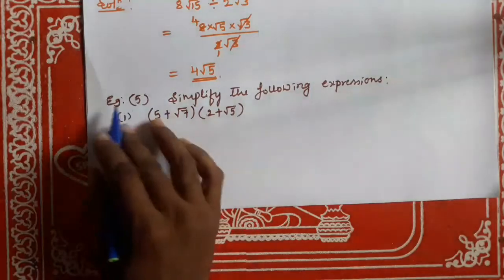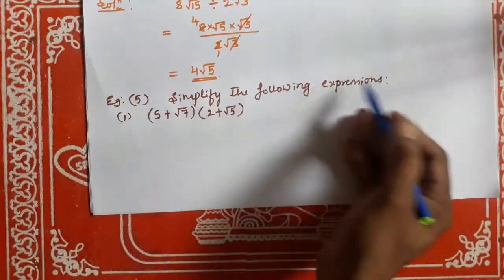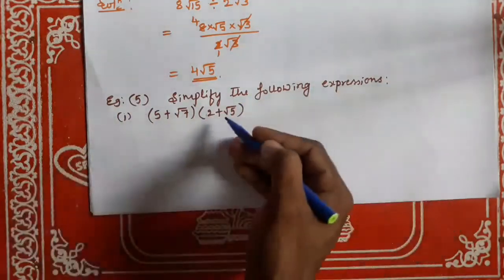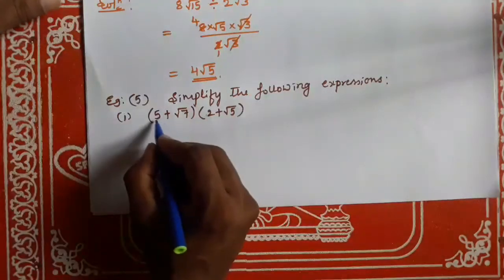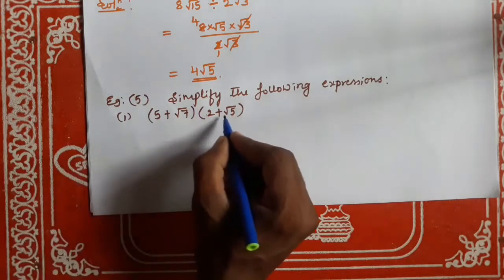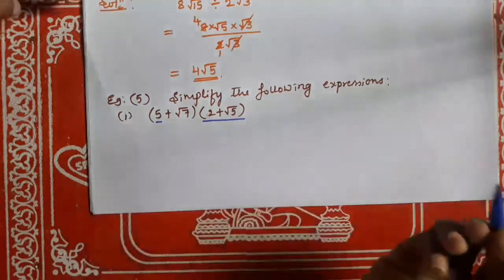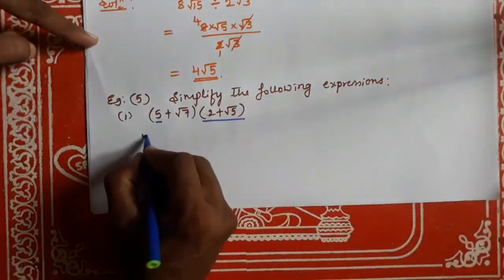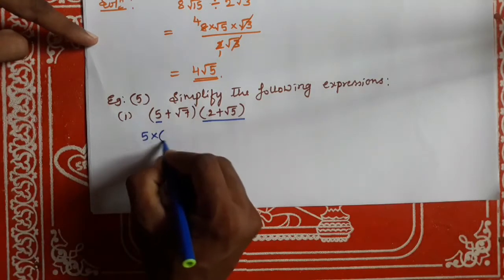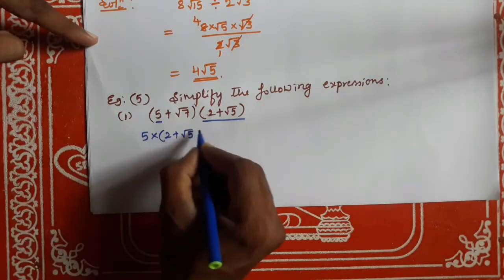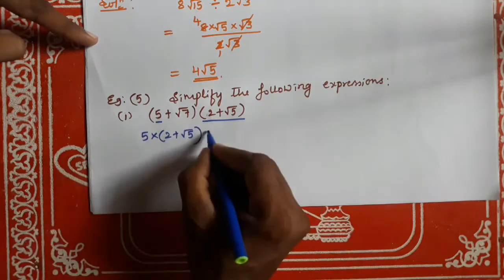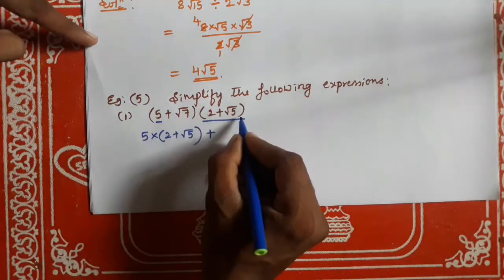Dear students, fifth example: simplify the following expressions. They have given expressions here. See, 5 plus root 7 into bracket 2 plus root 5. That is 5 into bracket 2 plus root 5, plus root 7 into bracket 2 plus root 5.